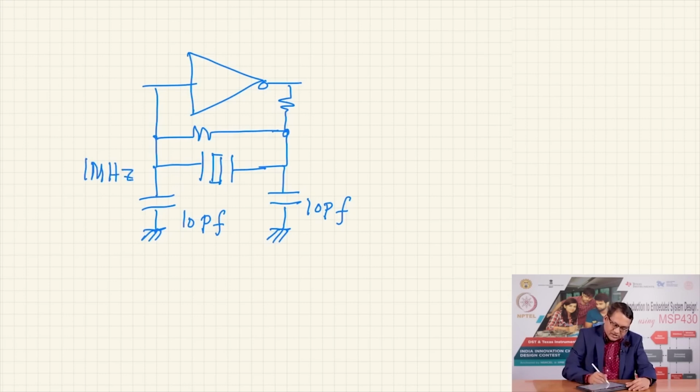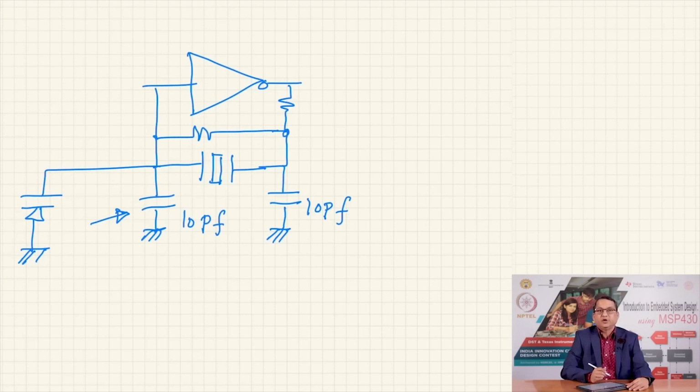Now if I change this capacitor, I can load the frequency of operation and change it a little bit. Similarly, instead of changing it manually, I could add a varactor diode. A varactor diode is nothing but a diode which is operated in reverse bias.